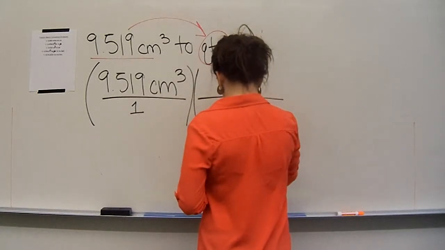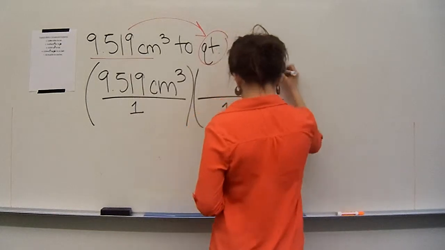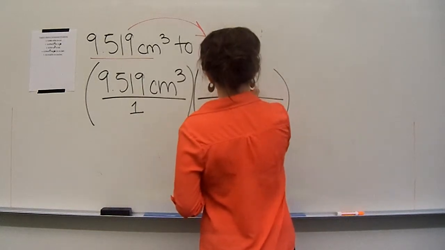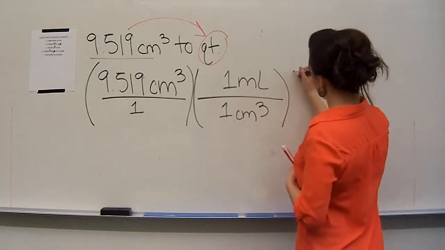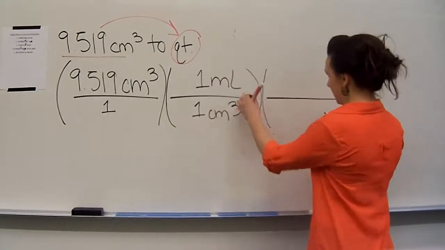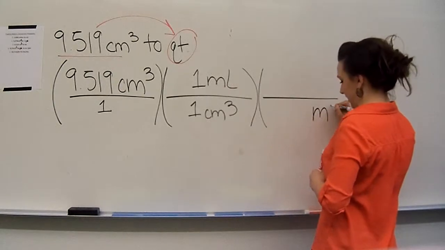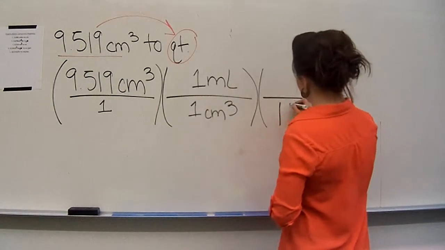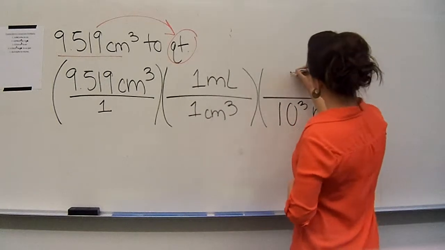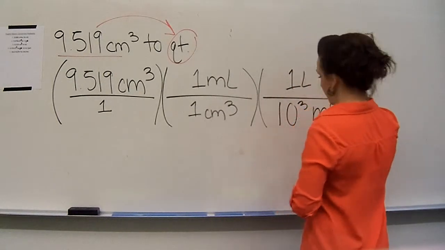So 1 centimeter cubed is equal to 1 milliliter, matching them vertically. Matching the units, milliliter is equal, and then we will do 10 to the third milliliters is equal to 1 liter.